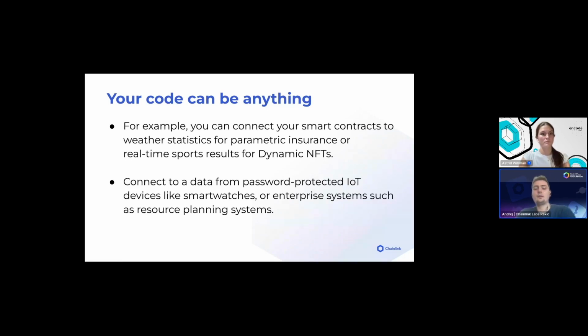You can connect to password-protected IoT devices like your smartwatches, because you can also completely safely, in a completely decentralized manner, send the API keys if needed for your computation, or any given secrets, etc. I'll show you how to do that as well.